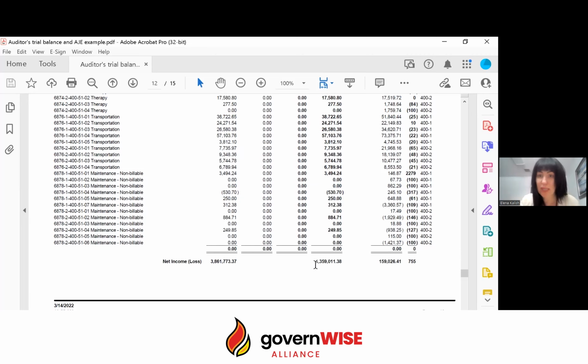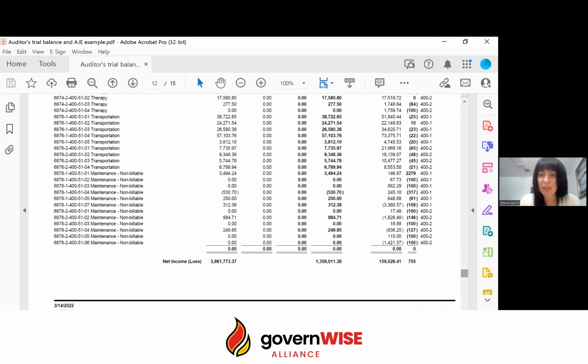I'm going to check my net income, and I'll expect it to agree to this number that the auditors show. If it agrees, I'm golden. Everything probably agrees. If it doesn't agree, this is when I start doing the work to agree, okay?